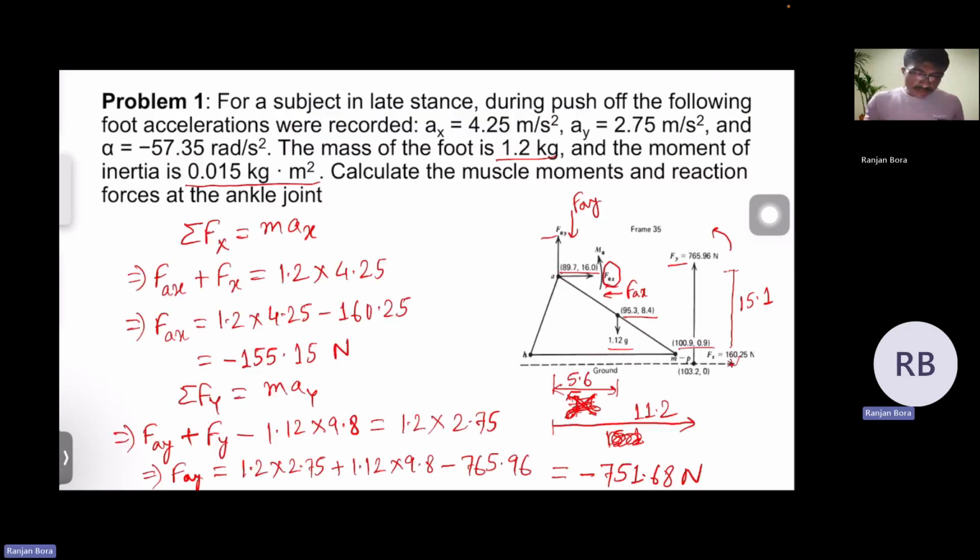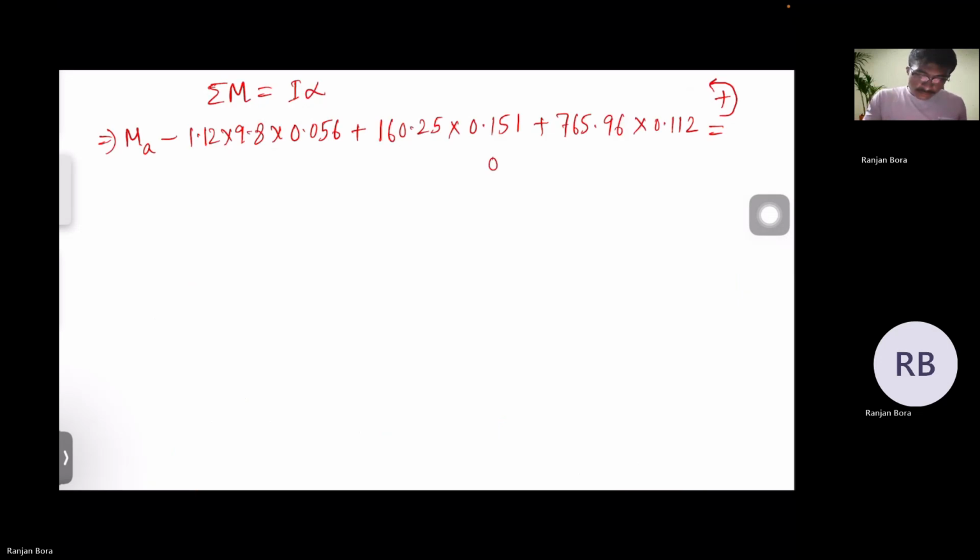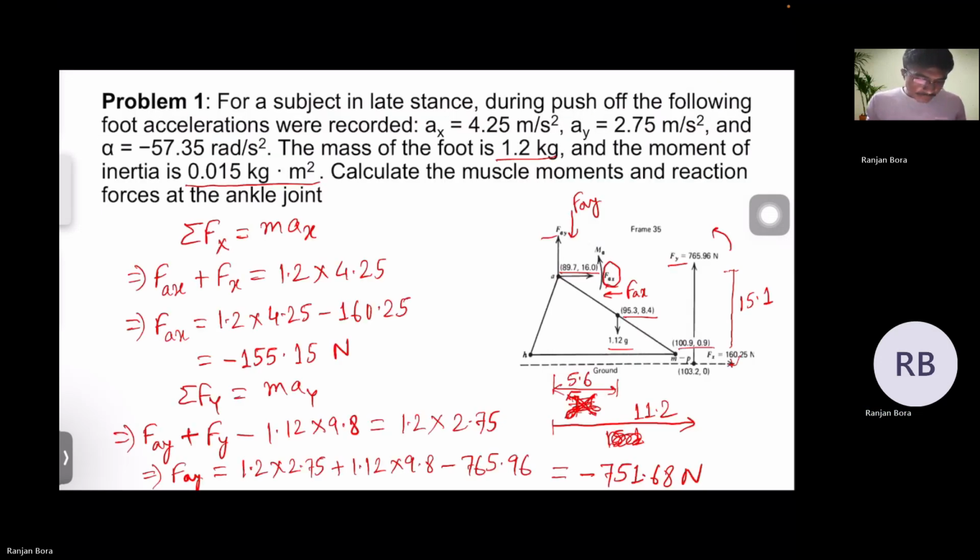I is 0.015 multiplied by alpha, which is minus 57.35.